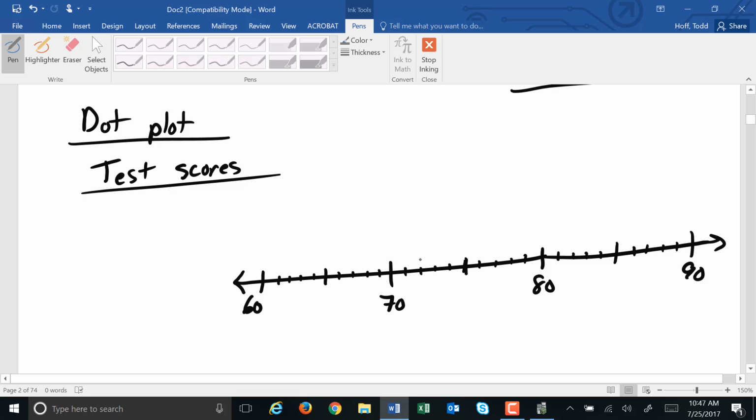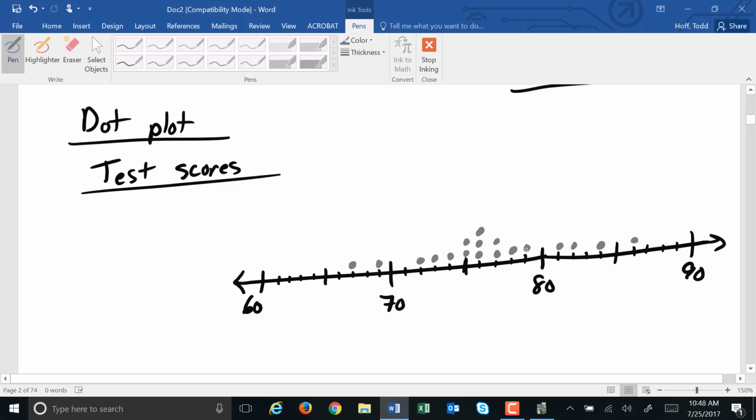So the first test I grade might be a 72, so I put a dot above the 72. I might grade one that's an 84, so I put a dot there. I might grade one that's a 76, a 77, an 86, a 74, a 67, another 76, an 81. And as I grade the tests, I put dots on here to represent their results.